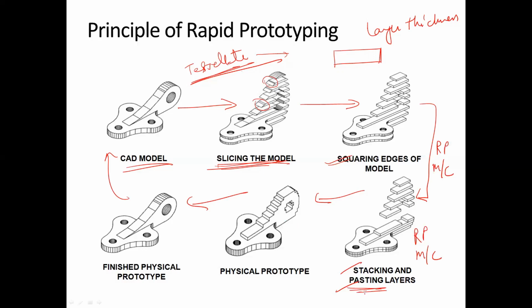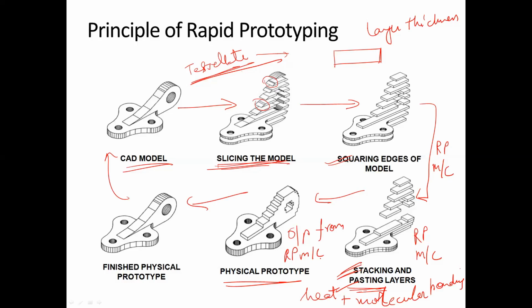This pasting is basically taking place due to heat plus molecular bonding. Now, once this whole stack has been pasted together, what you get is a physical prototype. This is the output from the RP machine.